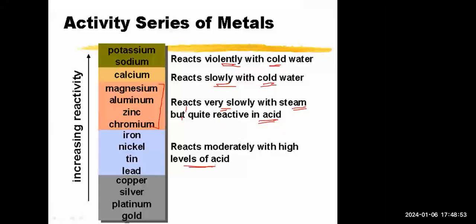But copper, silver, platinum, and gold are not reactive at all in acid. So the reactivity is decreasing when we are moving down. When we rise up, the reactivity increases, right?